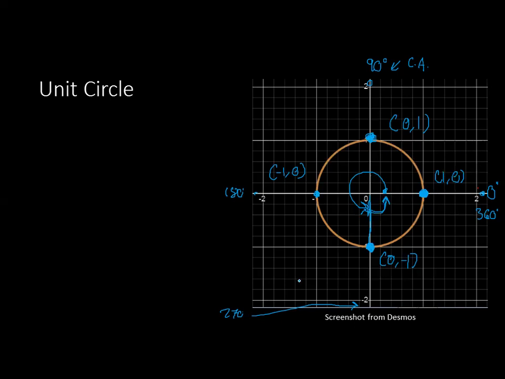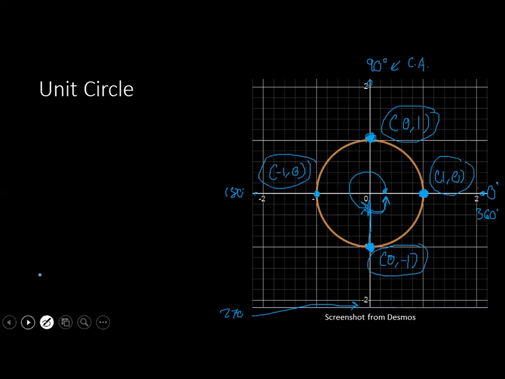So here are the coordinates given based on the angles formed. If you reach an angle of 90 degrees, expect that you will have 0, 1. If you reach 180, you will have -1 and 0. If you reach 270, 0, -1. And if you reach 0 degrees or 360 degrees, you will have 1 and 0.